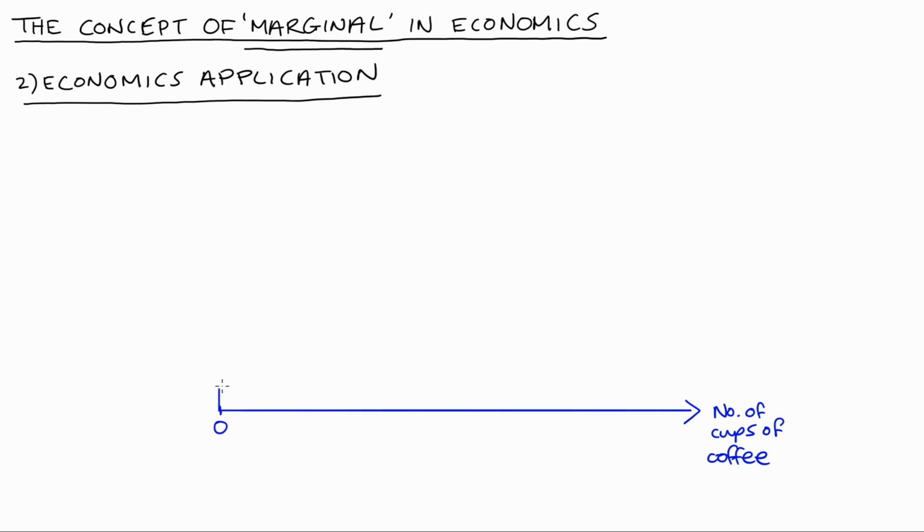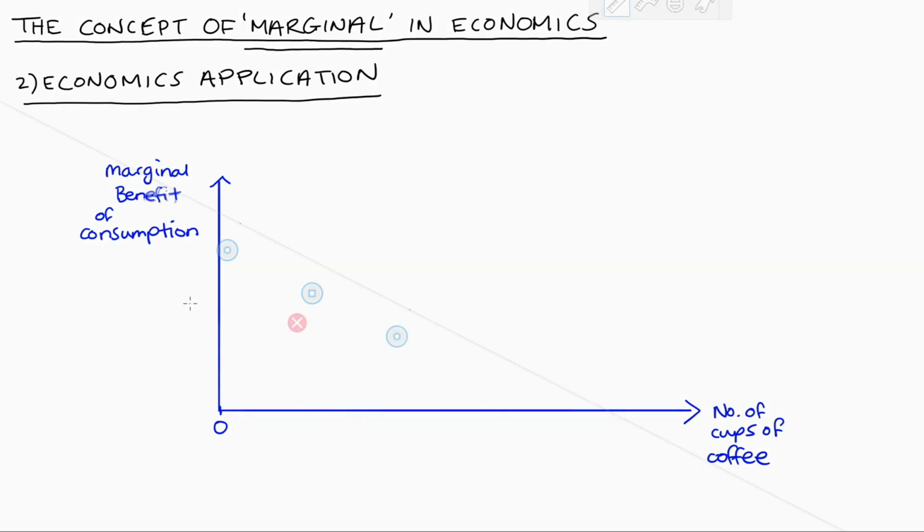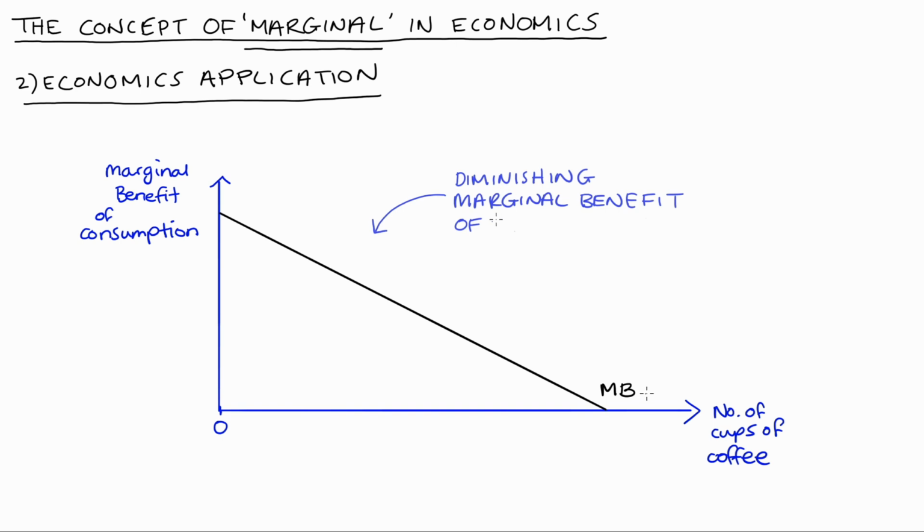And we have another vertical axis, and that axis will measure the marginal benefit of consumption. Well, then we can put in a marginal benefit line, which tells us about the marginal benefit associated with consuming each marginal cup. And this will be downward sloping due to diminishing marginal benefit. As the number of cups of coffee increases, the marginal benefit associated with each cup gets lower and lower.